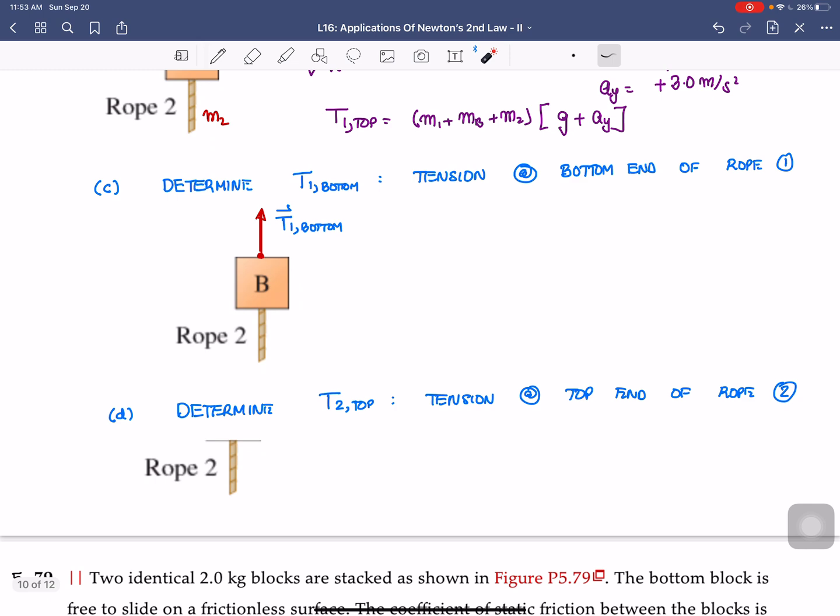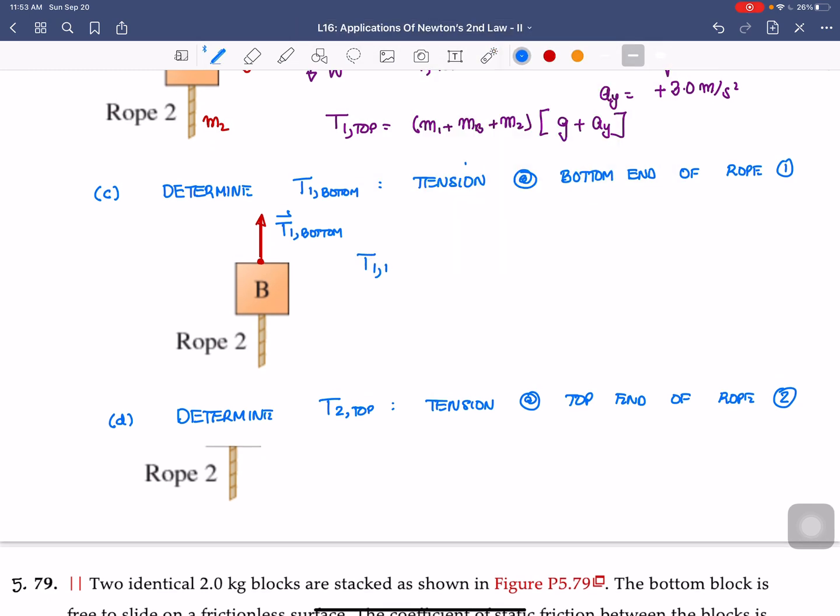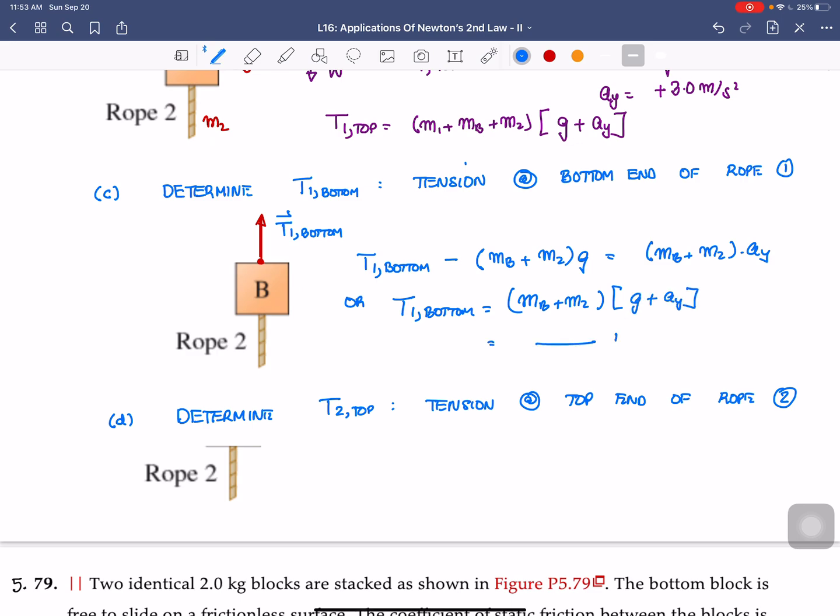And so you can see that T1 bottom minus M sub B plus M2 times g is equal to M sub B plus M2 times a sub y, or T1 bottom is equal to M sub B plus M2 times g plus a sub y. Okay, and that many newtons.